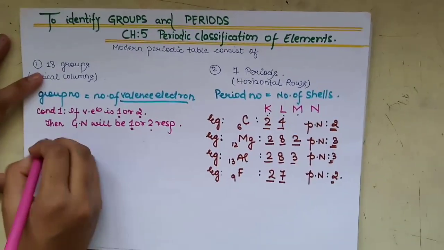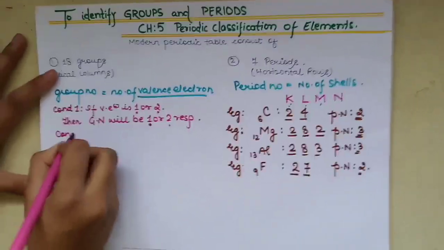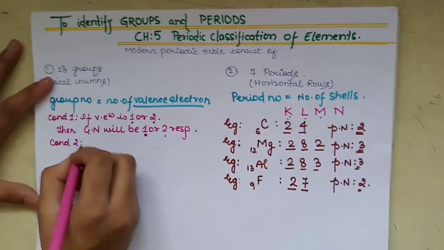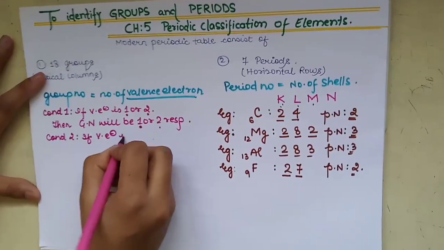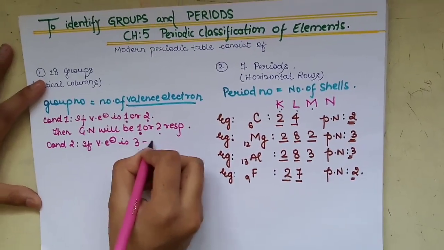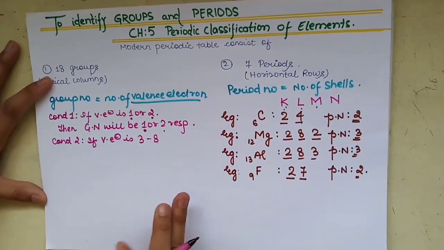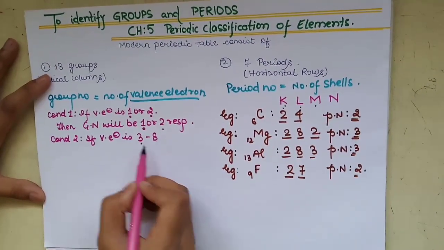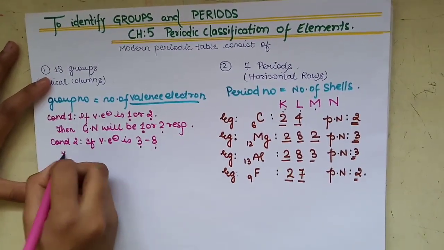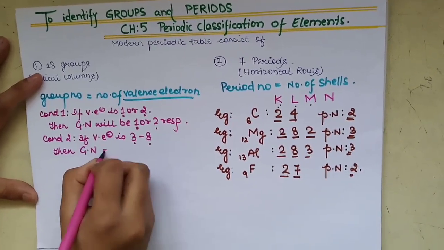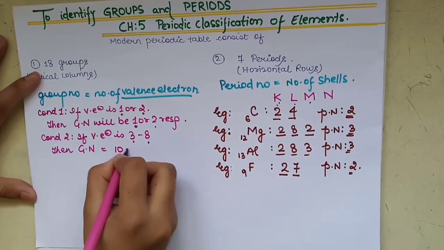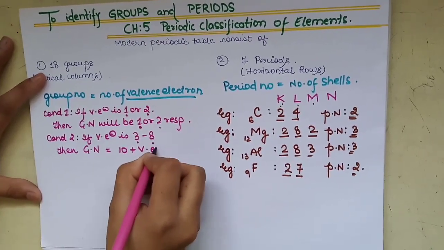But in condition number 2, if the valence electron is in between 3 to 8, then the group number will be 10 plus the valence electron.